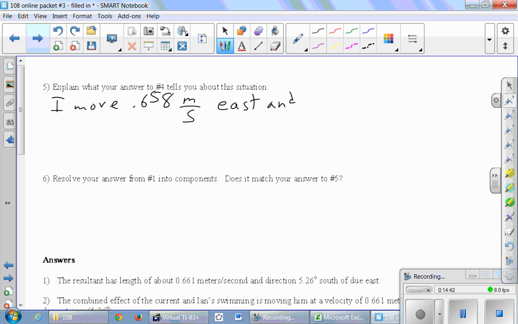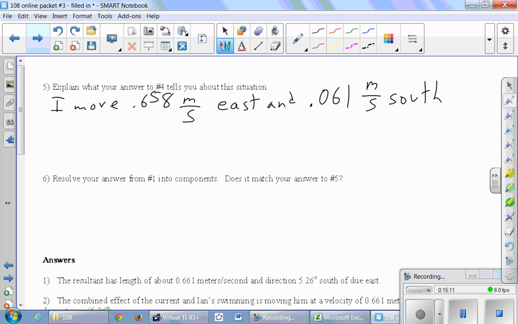And the j component was 0.061, but it was negative, which means south, meters per second south. Which seems reasonable given the diagram we came up with, the updated version anyway. We were indeed heading east and a little bit south. That 0.061 is pretty close to 0, so we're not heading south with much velocity, but we do have a little bit of downward velocity.